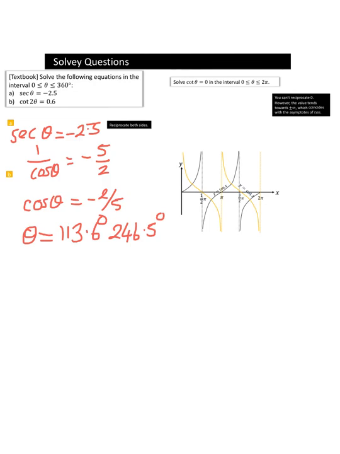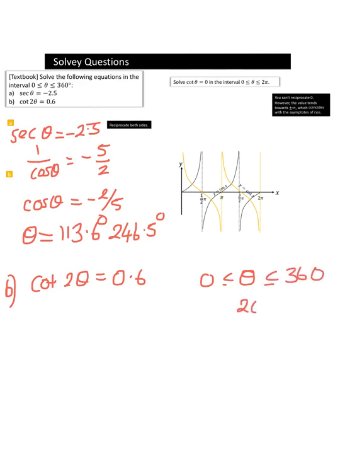So for the second one, B, we're given that cot 2 theta is equal to 0.6. So we've got a change of range here. We know that theta lies between 0 and 360, so we're looking for our angles of 2 theta between 0 and 720 degrees.